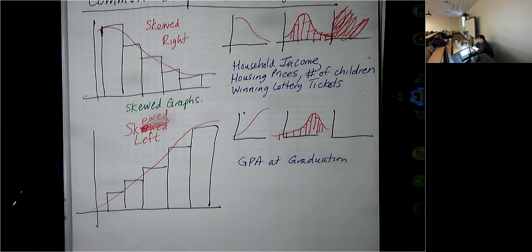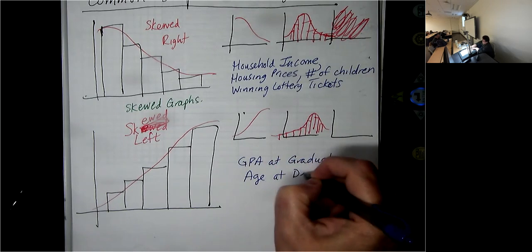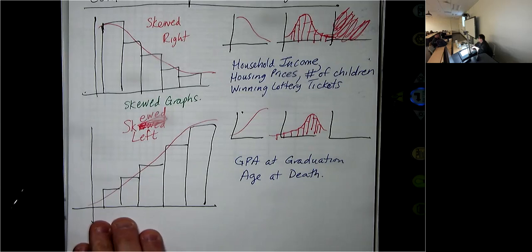The next one's really kind of sad, but age at death. Most people live to a nice, healthy old age. Some people die in their middle ages. We have a few infant mortalities over here on the left, which is kind of sad when you think, oh, a 6-month-old died. They had their whole life ahead of them. And you're sad for the parents.